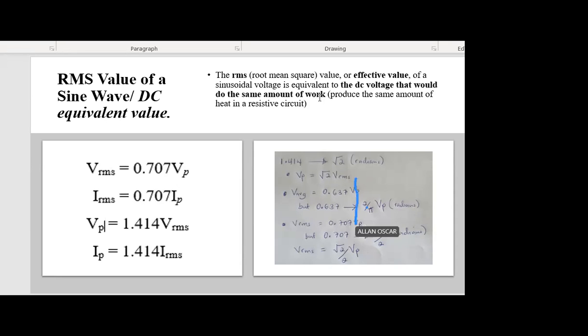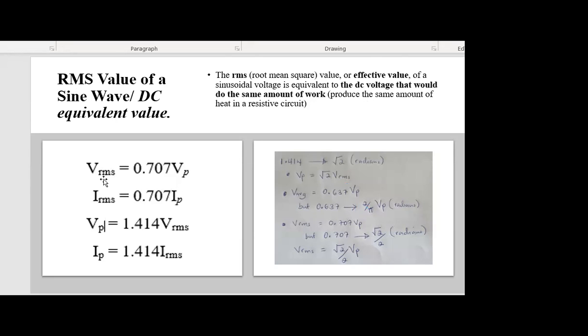So remember, we are looking at the alternating current or voltage. So the root mean value is that equivalent of the DC voltage. The DC voltage is usually less than the AC voltage or current.